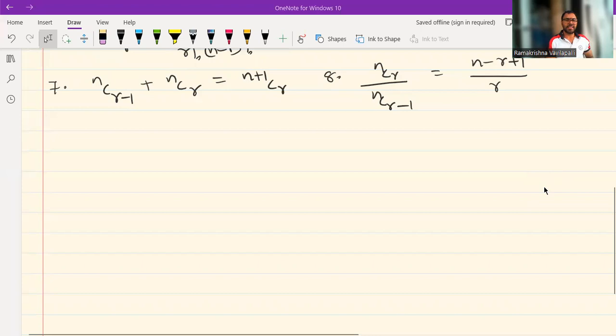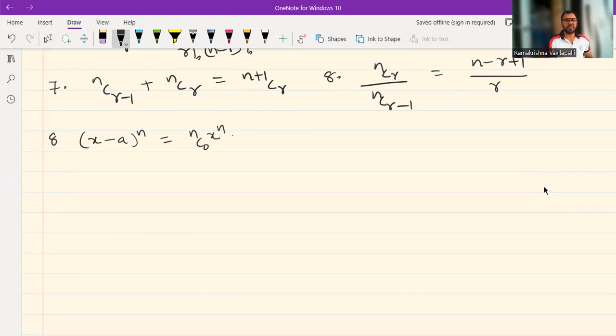The point number 8 is how to expand (x - a)^n. In (x - a)^n, we will get the terms positive and negative alternately. This is nC0 x^n minus nC1 x^(n-1), same as the first one, plus nC2 x^(n-2) a^2, plus and so on, here minus of course.